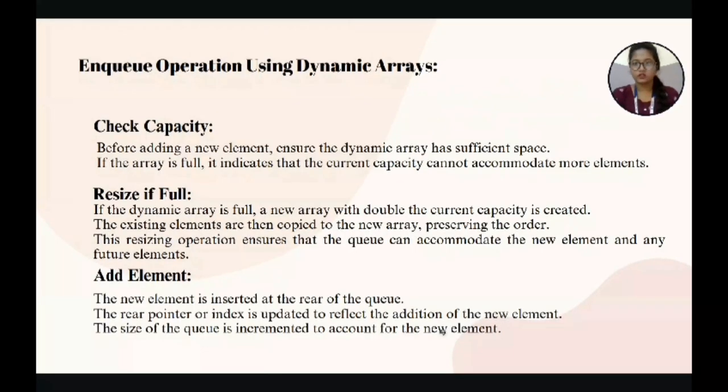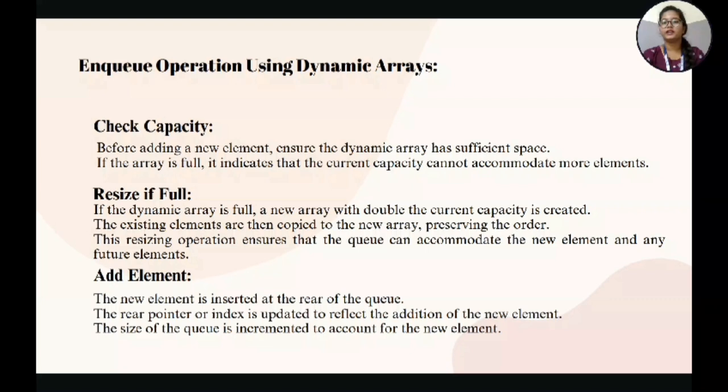The first operation is the insertion operation in a queue, that is the enqueue operation, using dynamic arrays. First, check capacity. We should check the capacity of the queue before we add or delete. So before adding a new element, ensure that the dynamic array has sufficient space. If the array is full, it indicates that the current capacity cannot accommodate more elements.